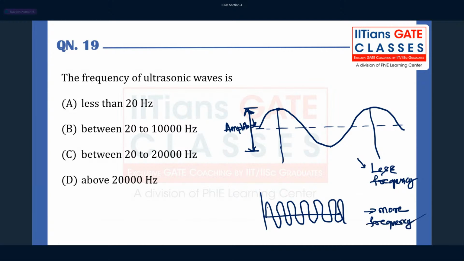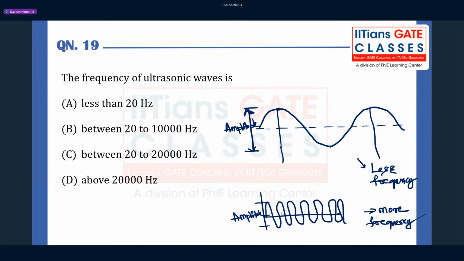Okay. So this is again amplitude, right? So they're asking the frequency of ultra. How many ups and downs? How many crests and troughs are there in a single time? That is what is hertz, per time, right?